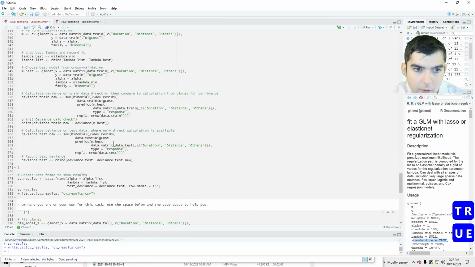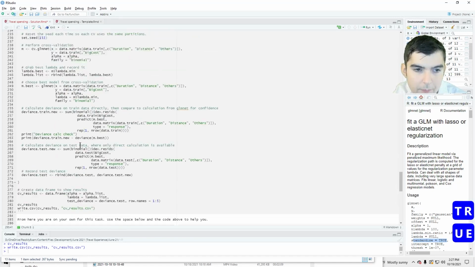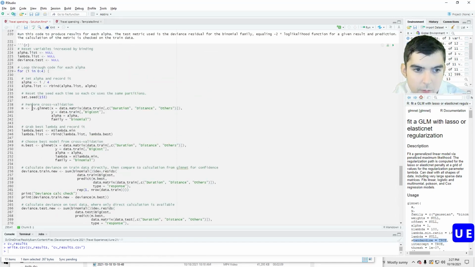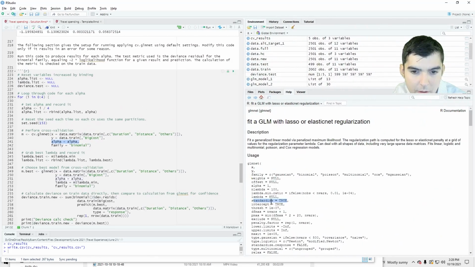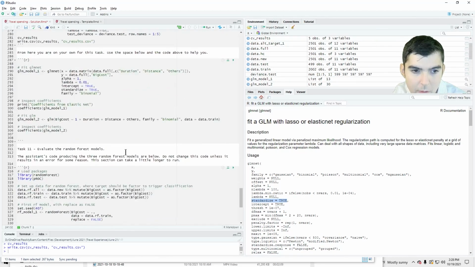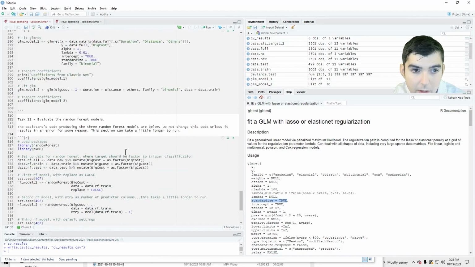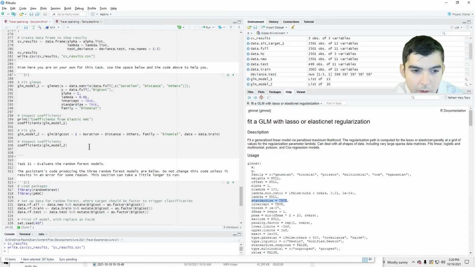That's because when you ran the code here, it doesn't include standardize as an argument, and that's the default. Standardize equals true is the default argument. So if you want to reproduce that model, then you have to do that.